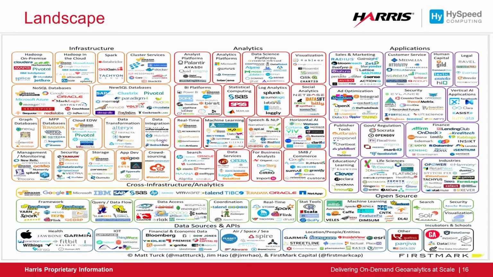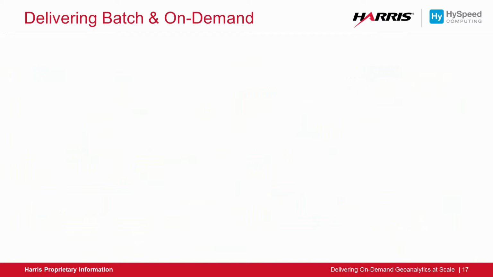But we ultimately had to look at this from our perspective and our clients' perspective and how they wanted to scale. So while you can pull together a lot of the pieces of the puzzle here and start to look at that, what we looked at was how do we deliver this both in a batch mode and an on-demand mode, and what are the key criteria that we really, really want to focus on?